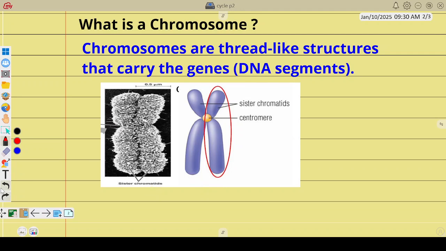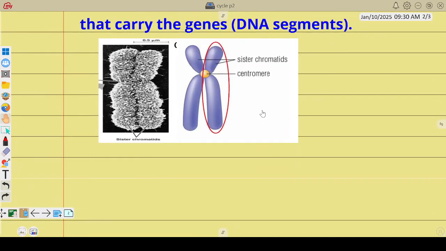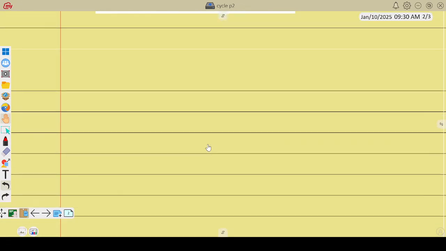Now we should understand from ground level how a chromosome comes about. I'll take you back to what we discussed earlier. DNA is a double helix, where adenine pairs with thymine, and guanine pairs with cytosine.